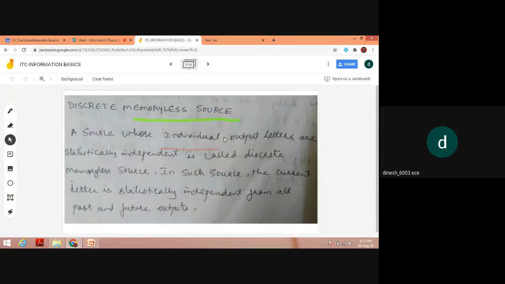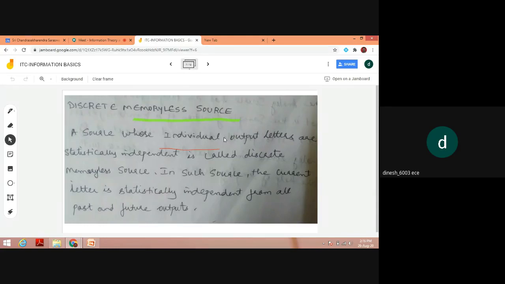As said in the previous slide, consider a memoryless source or a memoryless system. We call a system memoryless if the output of the system depends upon the corresponding input.